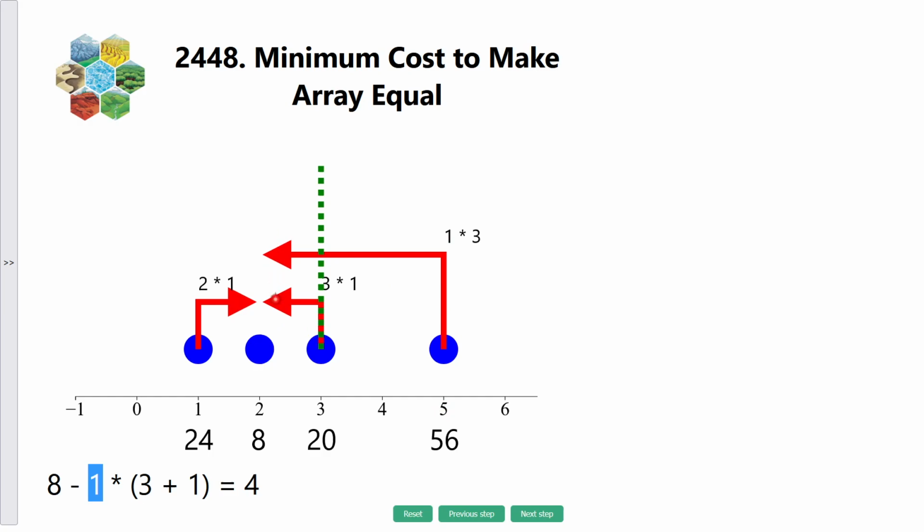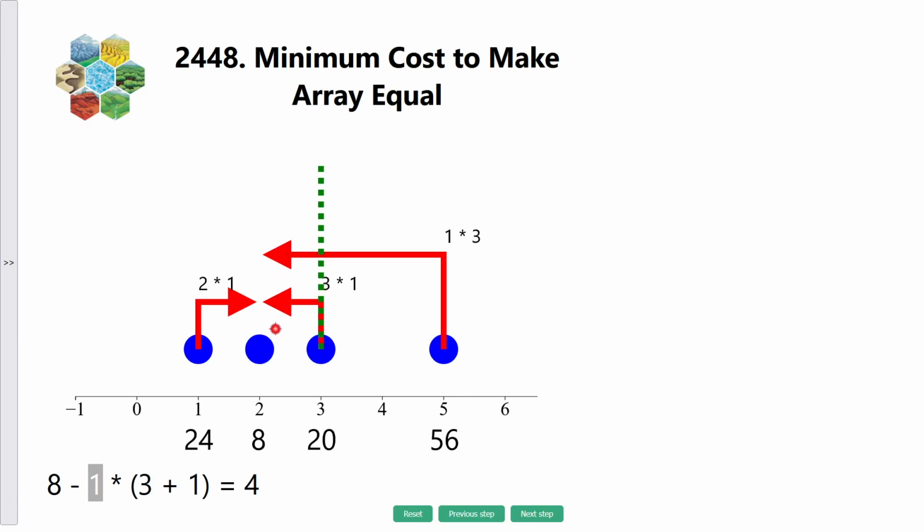So here the cost that we are going to subtract is 1 multiplied by 3 plus 1, that is 4. And we know previously our total cost is 8, so when 8 is subtracted by 4, the partial answer is 4. Okay, we will have 4 here.